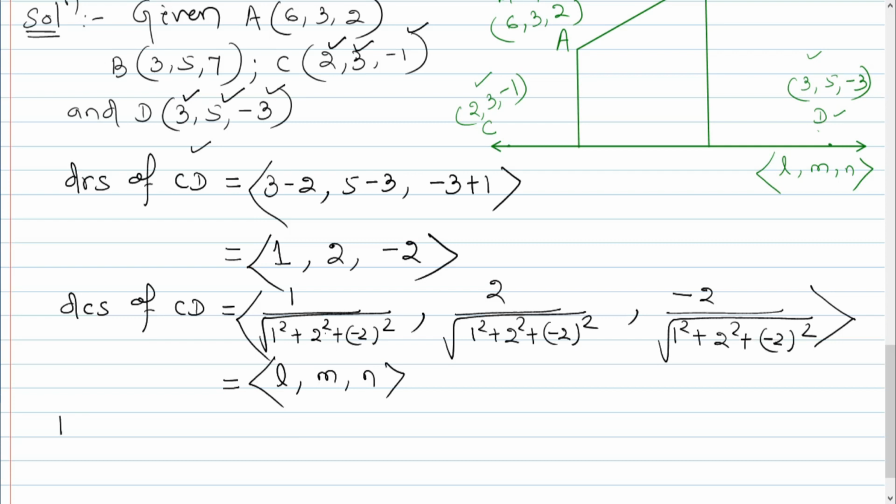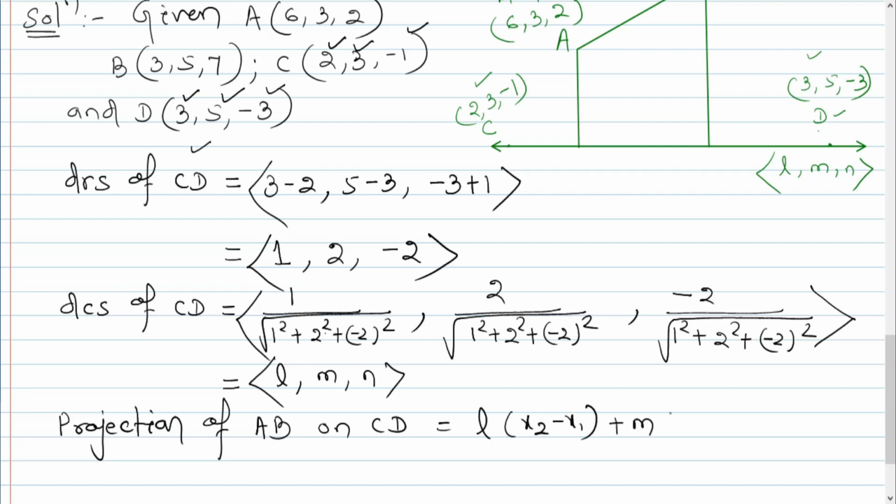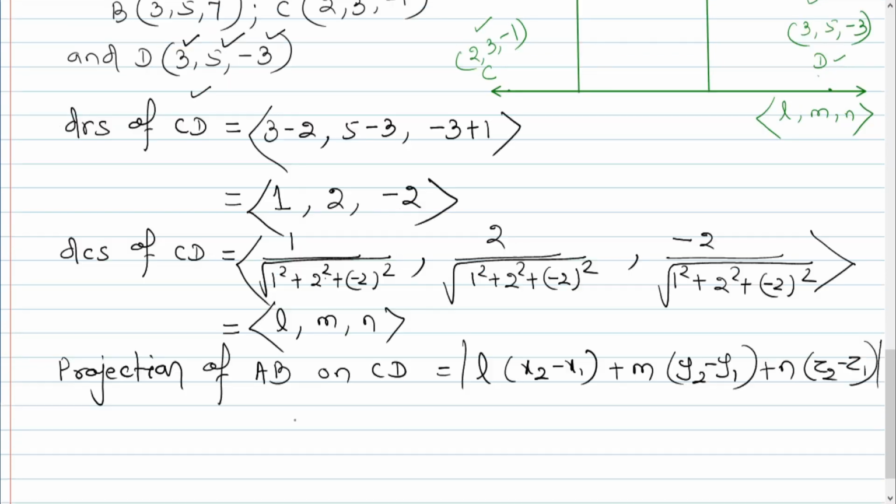Now we have to find the projection of AB on CD. That is modulus of L into x2 minus x1 plus M into y2 minus y1 plus N into z2 minus z1. So that is nothing but the L, M, N we have just found: 1 by 3, 2 by 3, minus 2 by 3.